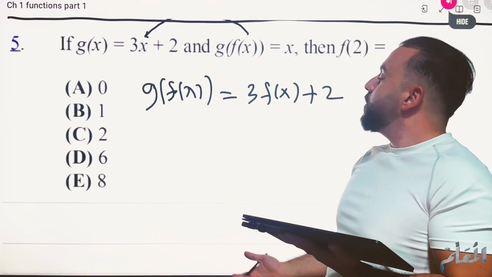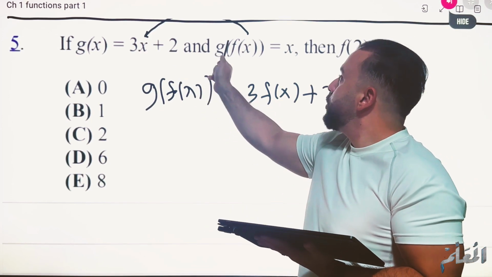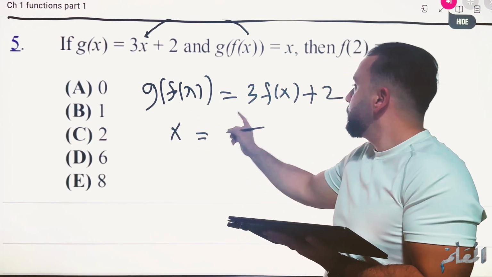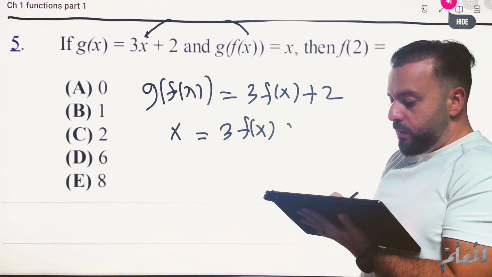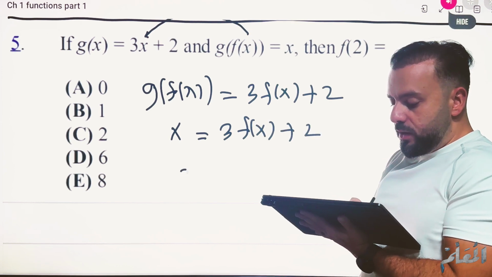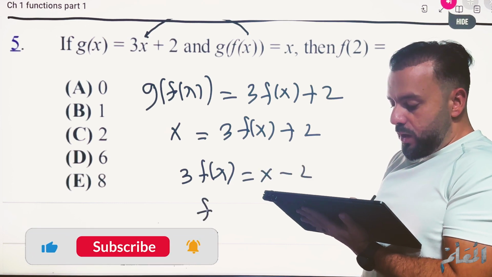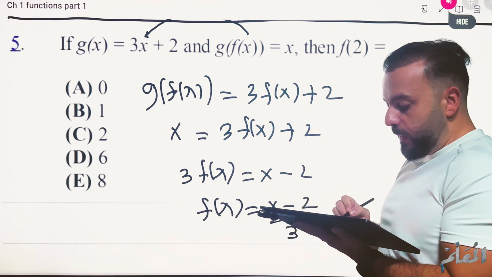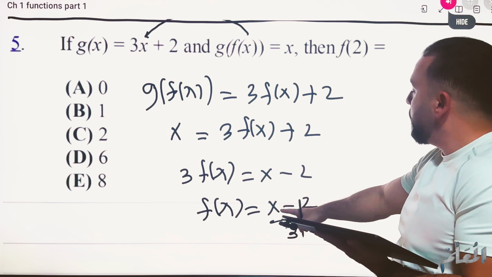Now, g of f of x equals x, so x equals 3 f of x plus 2. In this case, 3 times f of x is equal to x minus 2. F of x is equal to x minus 2 over 3. If I do f of 2, I need to put 2 in the place of x.